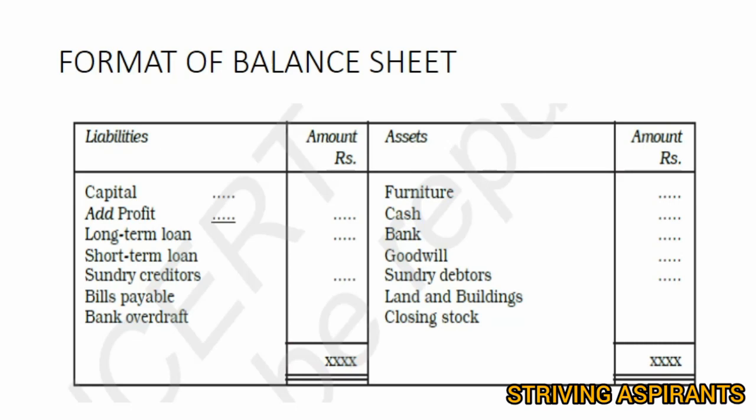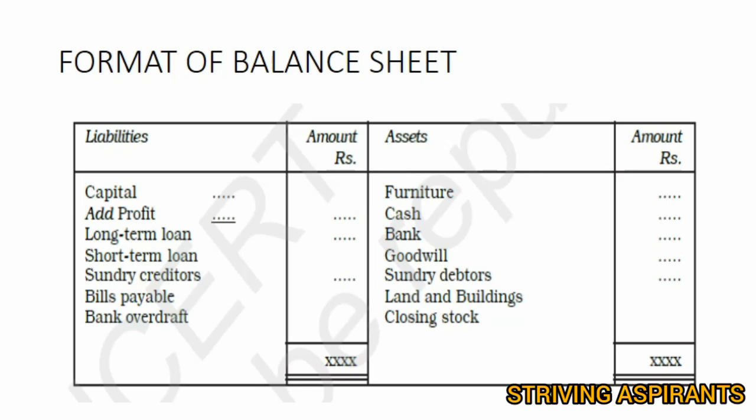And similarly on the asset side, right side, we have to show plant and machinery, fixed assets, other liquid assets and current assets.